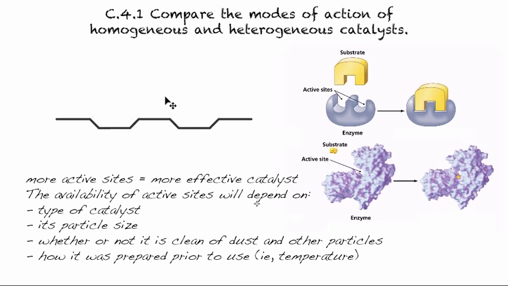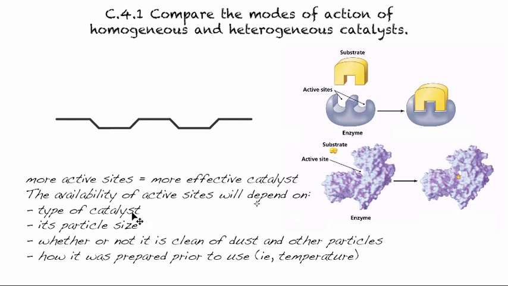For example, when we're using catalytic converters in cars, they only actually are functional after a certain temperature. So you want to make sure that you actually preheated or did something to make sure that this active site will be able to carry out the reaction.